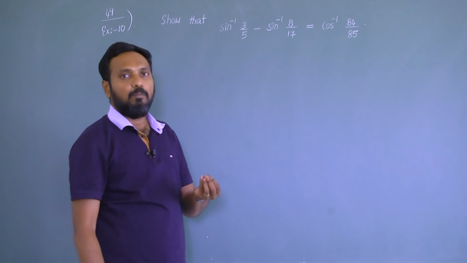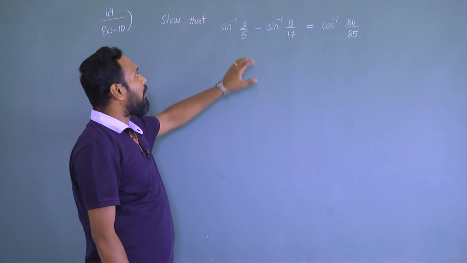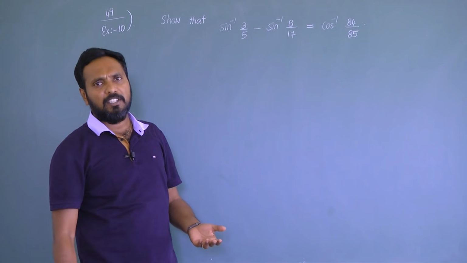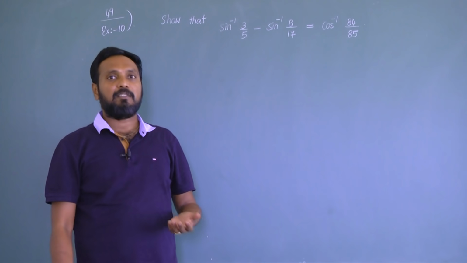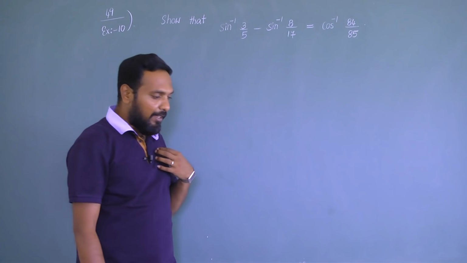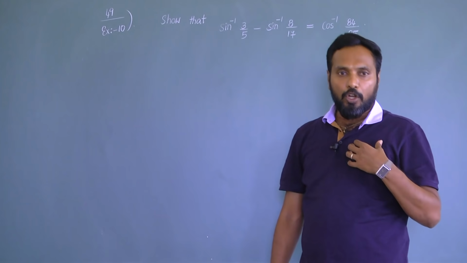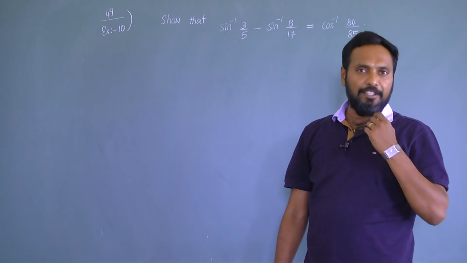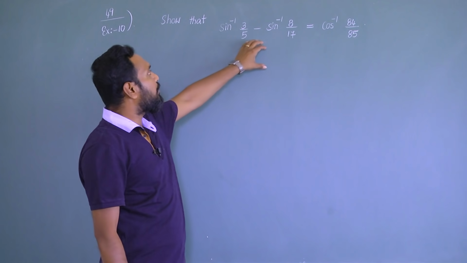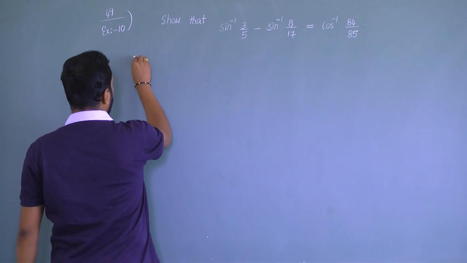Same logic if you apply. We don't have any formula for sin inverse terms, meaning sin inverse x plus sin inverse y, sin inverse x minus sin inverse y. We didn't come across them in the formulas. We know only tan inverse x plus tan inverse y or tan inverse x minus tan inverse y. So I need to convert these two functions in terms of tan inverse first.